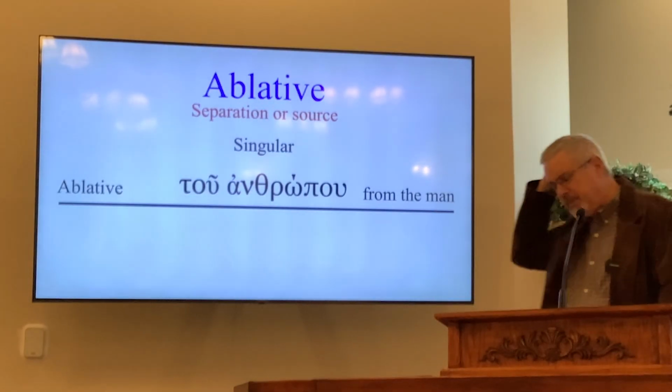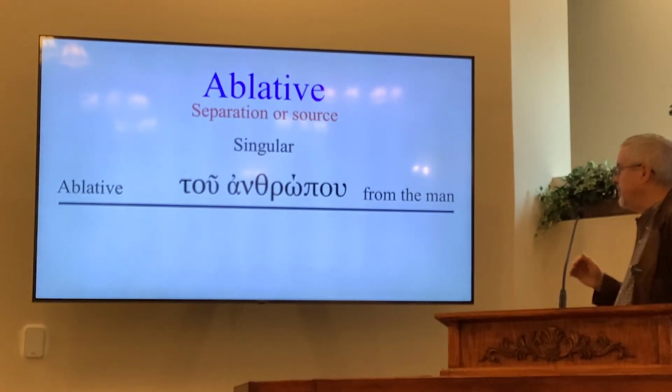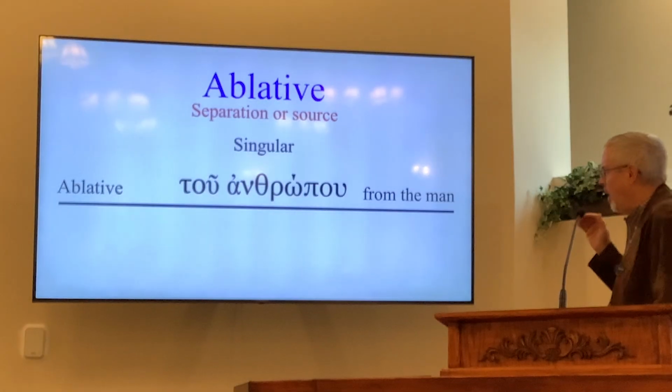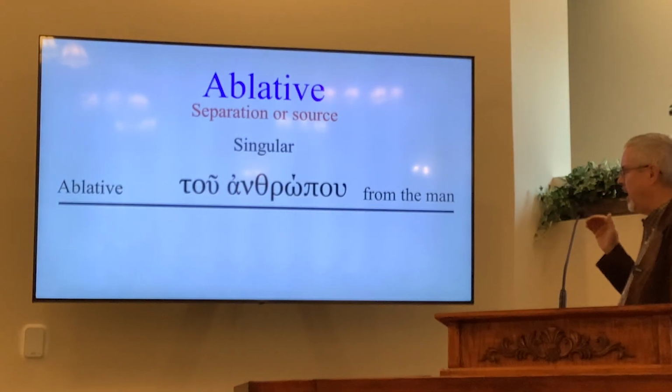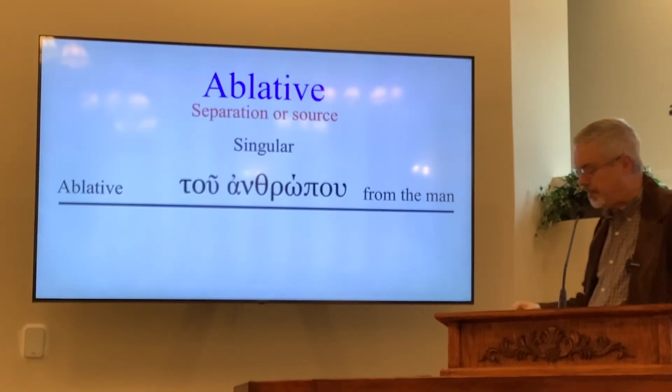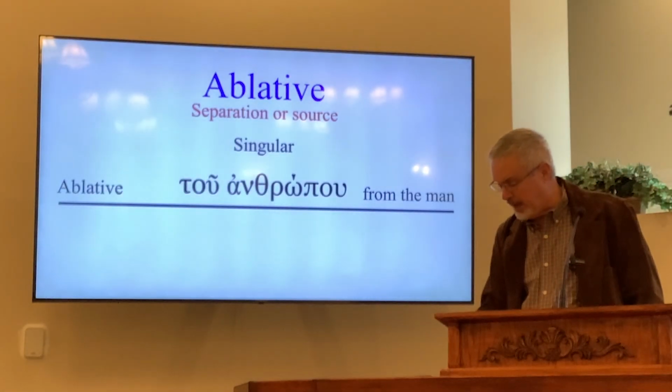This is the ablative, tou anthropou again. This is from the man, yet there's some repeats, and you'd have to know. My best is to know by context if it's genitive or ablative.